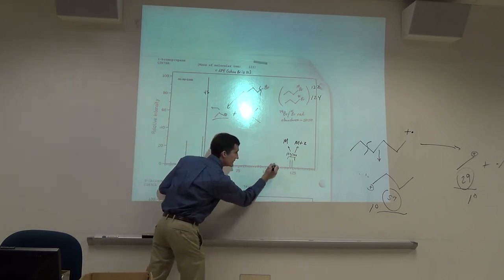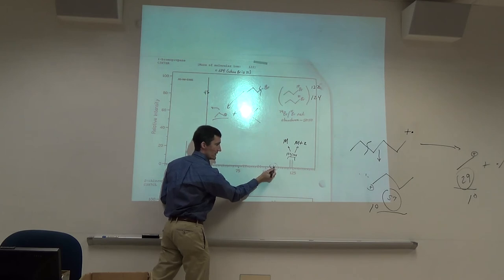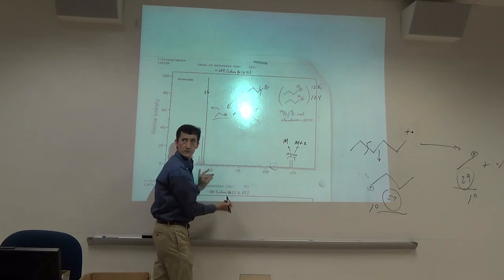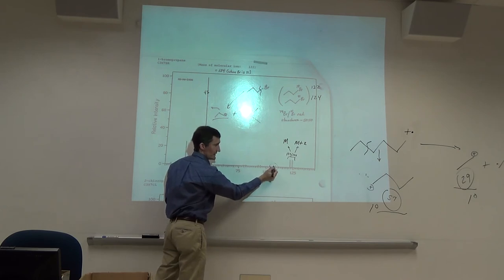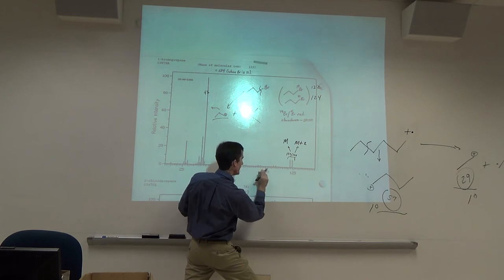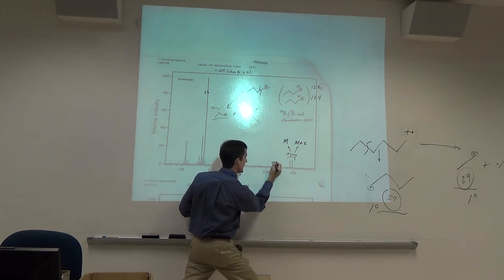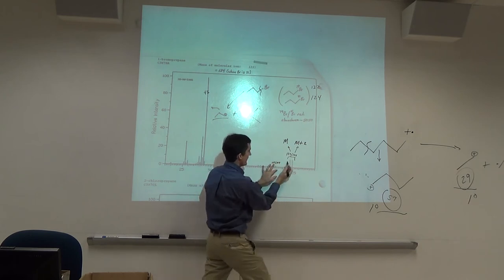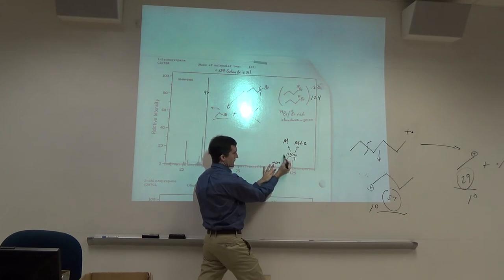You see these right here? That looks like a bromine isotope pattern, where they're the same height, difference of 2. What is this signal? 107, 109? That's loss of what? 122 to 107 is 15, 124 to 109, 15.